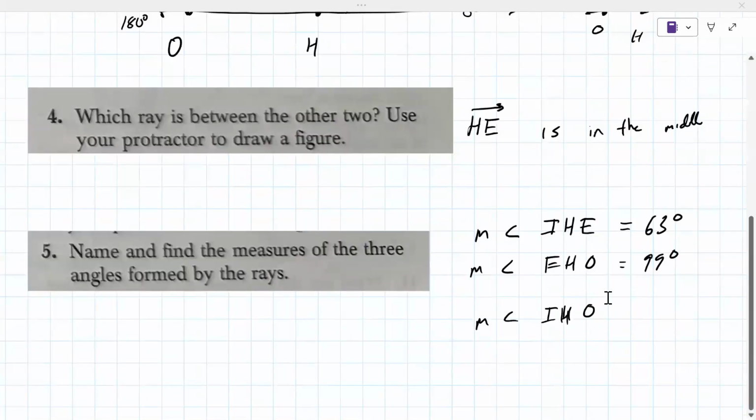So the whole thing, add them together, what would that add up to? 162. Yes.